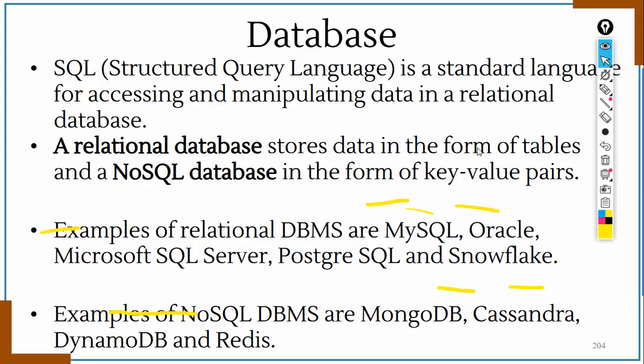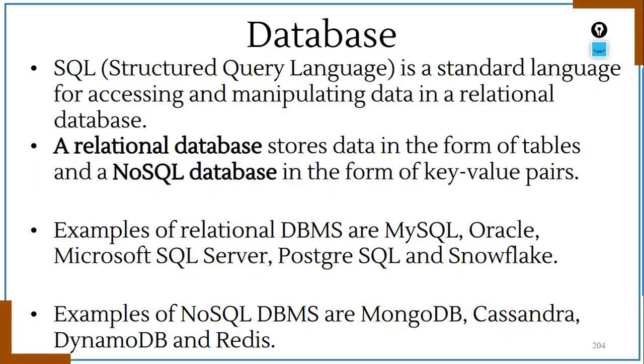When we talk about databases, SQL, that is structured query language, is the most famous. It is the standard language for accessing and manipulating data in relational databases. A relational database stores data in the form of tables, and a NoSQL database stores it in the form of key value pairs.